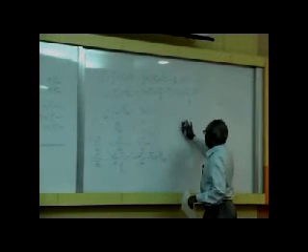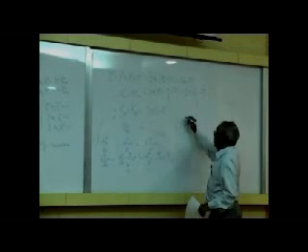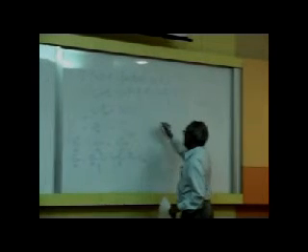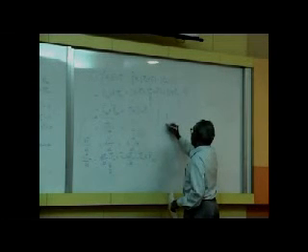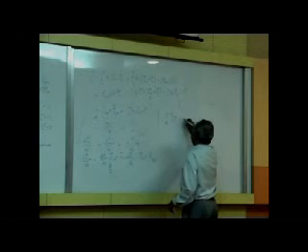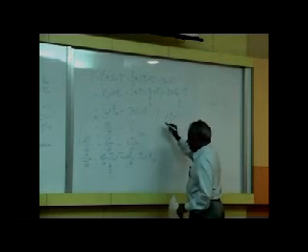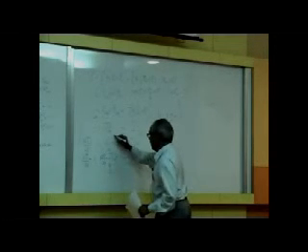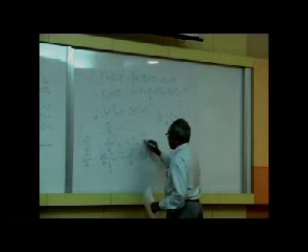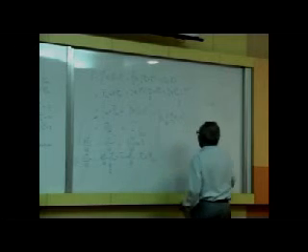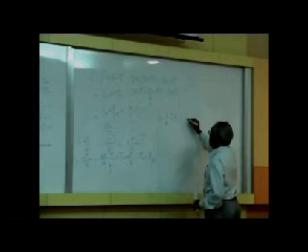Now let's look at the next term. Here I have to differentiate this term, that is d/dt of the sum of mi ri prime. This is my second term. Let's call this 1 and call this 2.